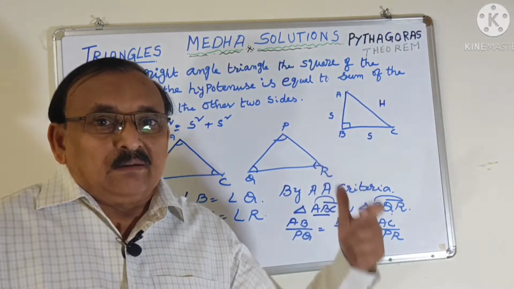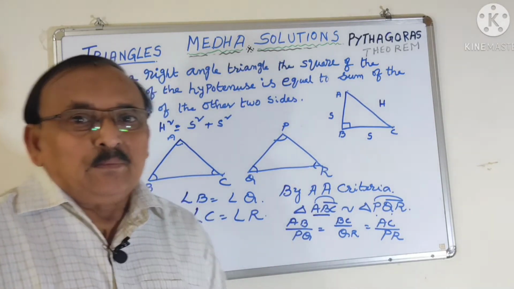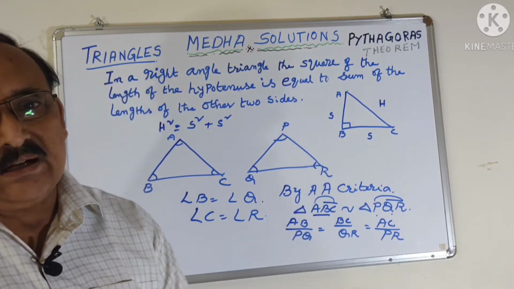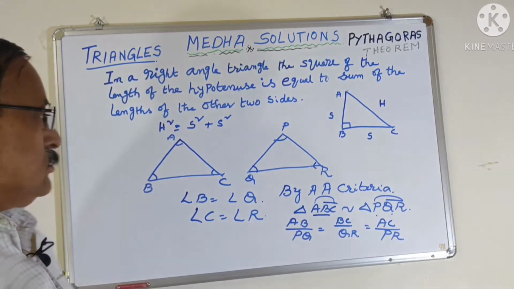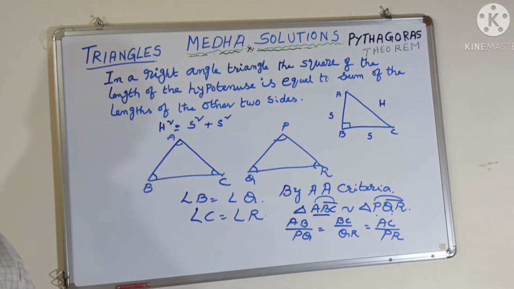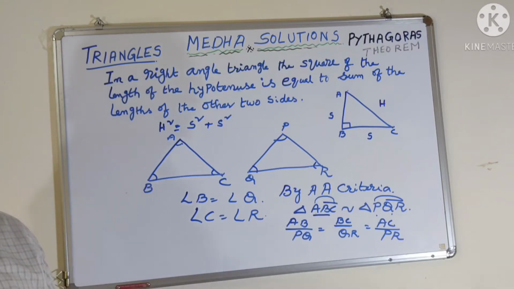If you change the order, like a zigzag method, you can't get the similarity or the correct ratios. So we have to take the triangles like this. Now remember this point, and now we are going to prove the Pythagoras theorem.